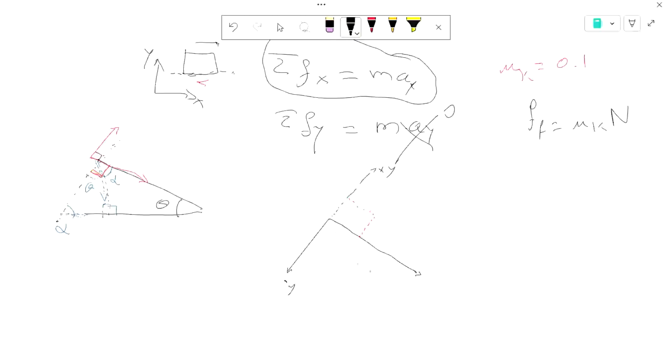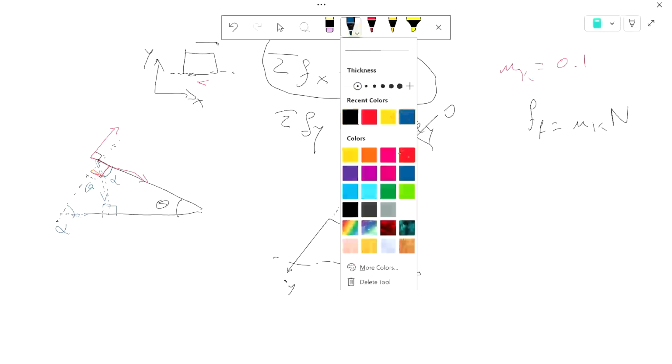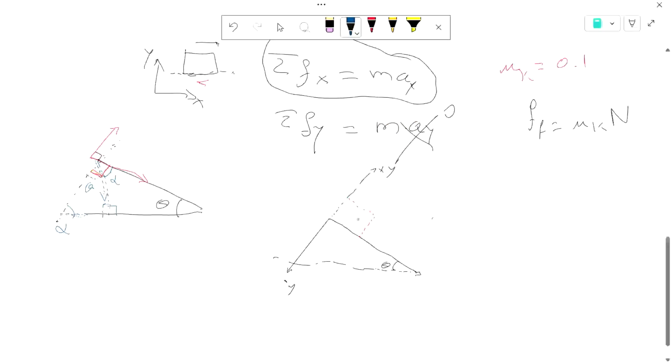Typically, if they give you the angle elsewhere, just be careful, but typically they're going to give you the angle right here, theta or alpha, whatever they give you. And what you need is a system of reference that gives you information for your forces. So if you notice, there's a normal vector here, right?